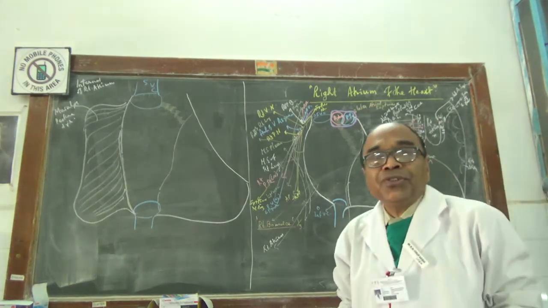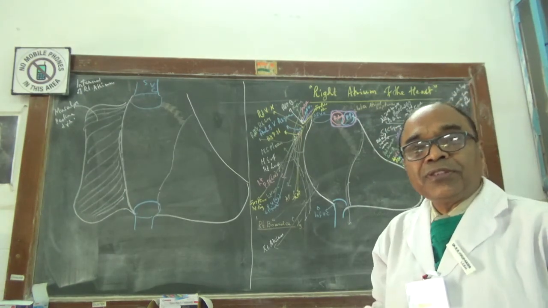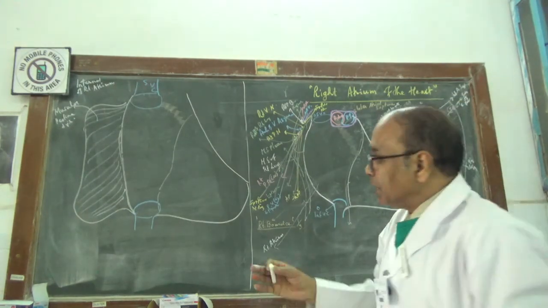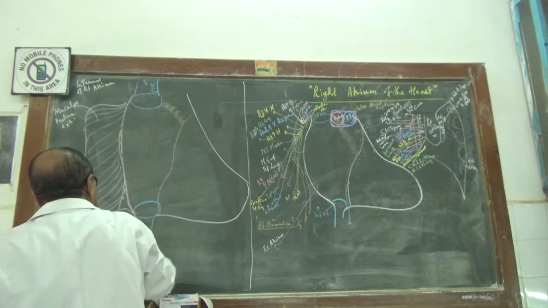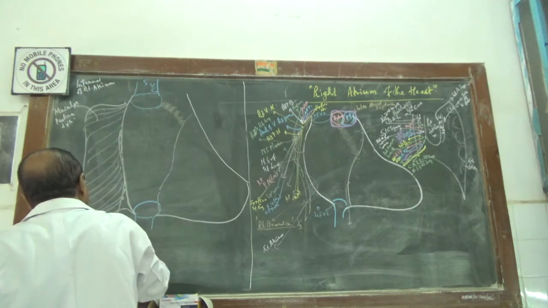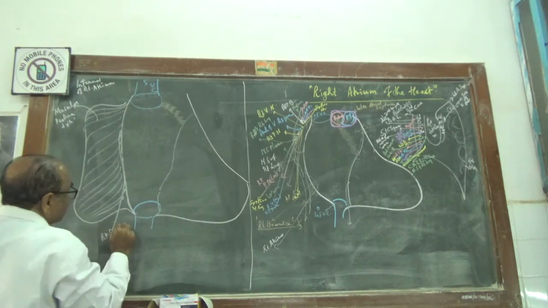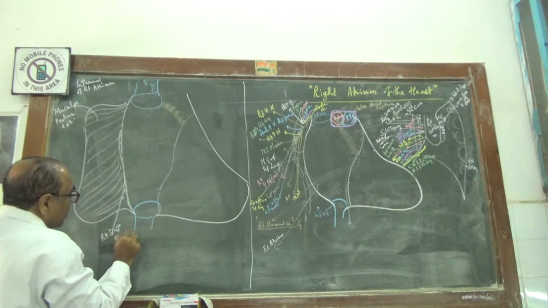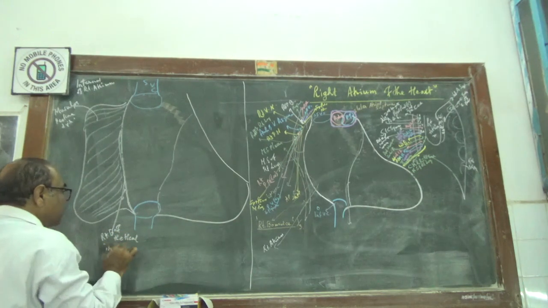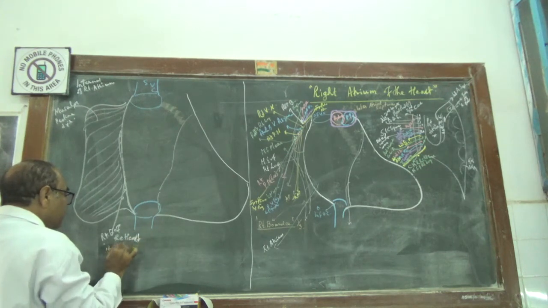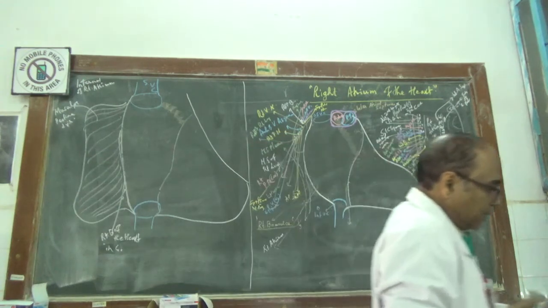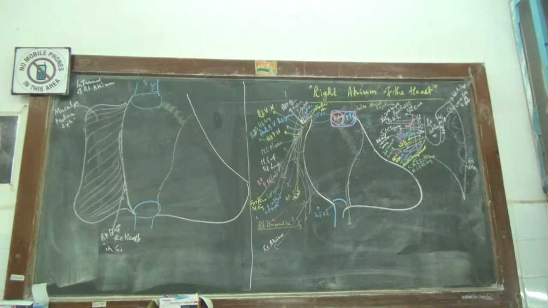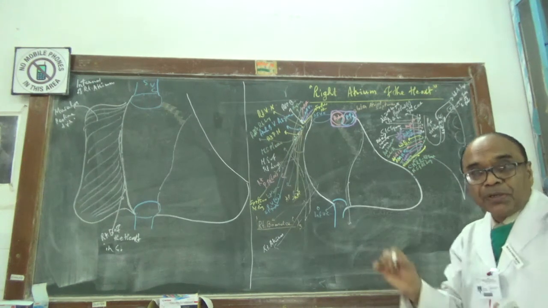you can say, muscular ridges of a plain type. They run from the right border of the heart in general, and the right border of the right atrium in particular.